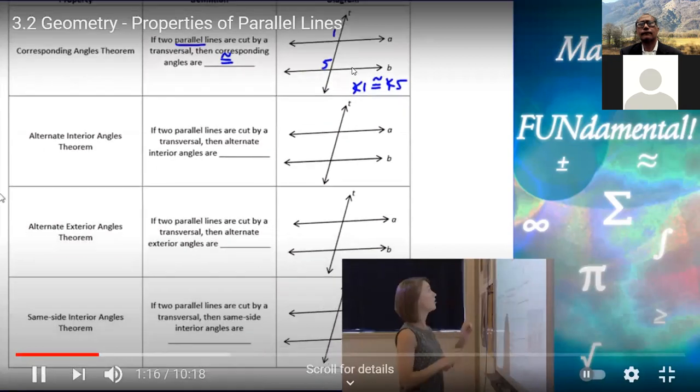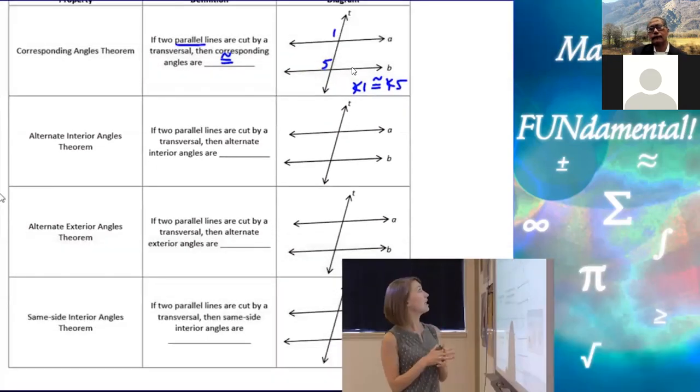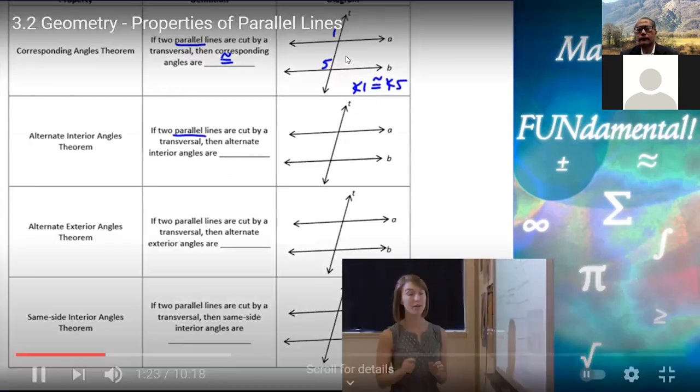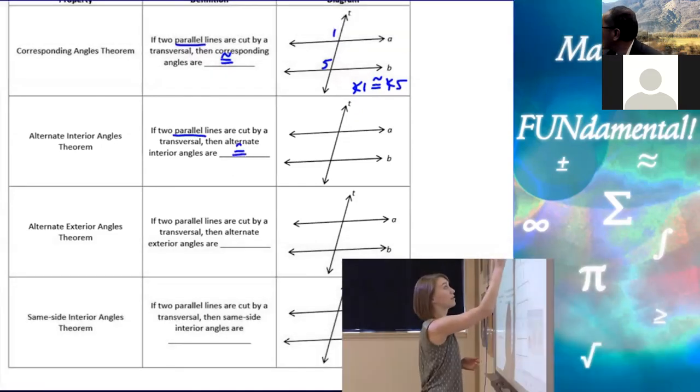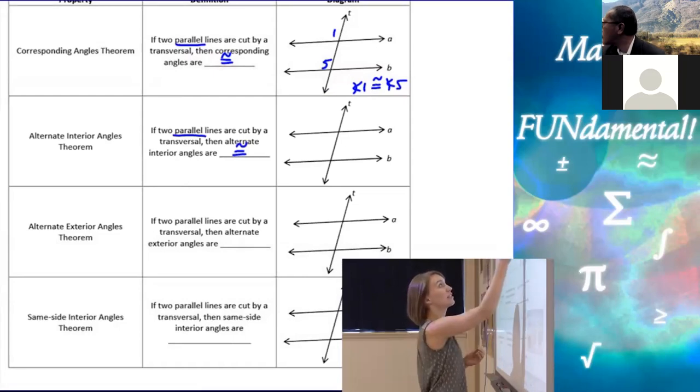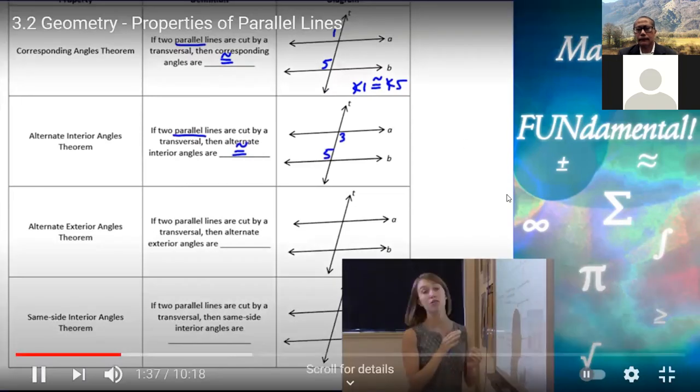Next one is the alternate interior angle theorem, which states if two parallel lines are cut by a transversal, then alternate interior angles are congruent. Let's look at angle 3 and angle 5.